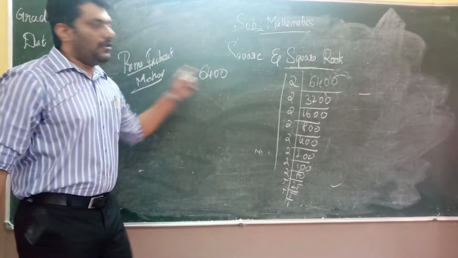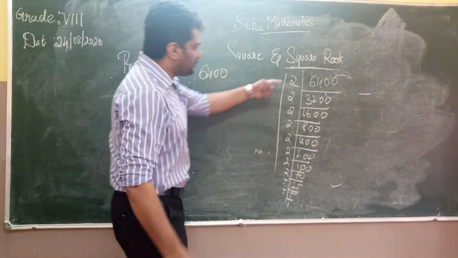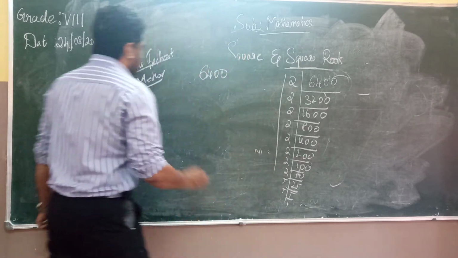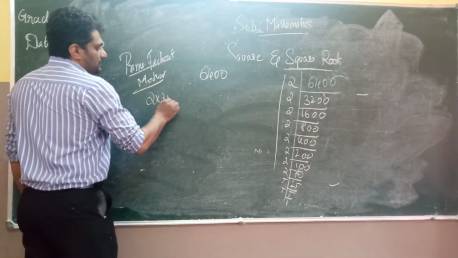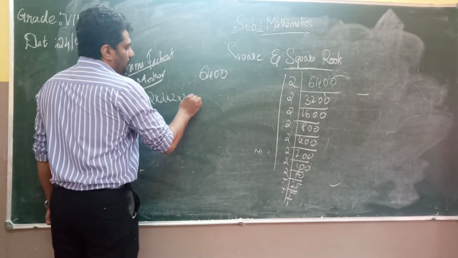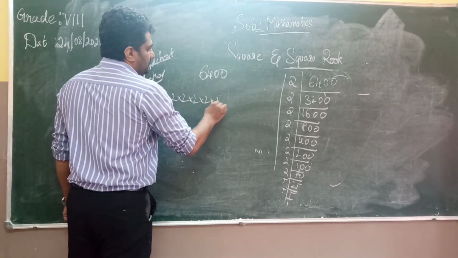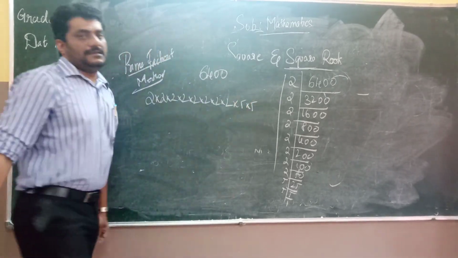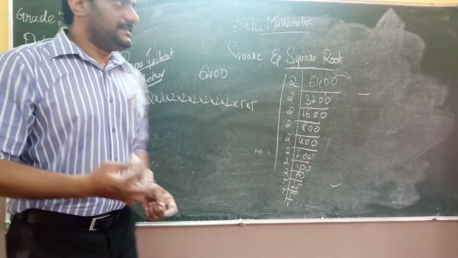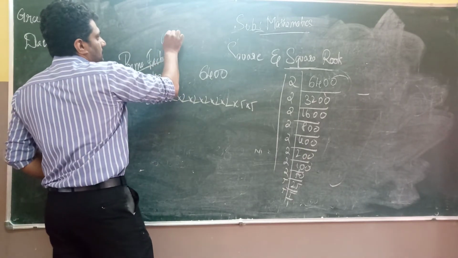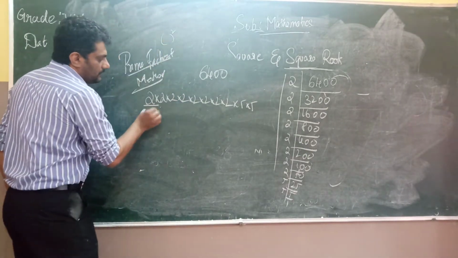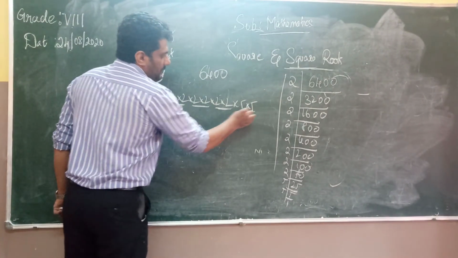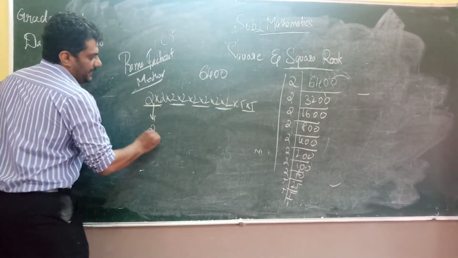Write these numbers in order. How many twos do we have? 1, 2, 3, 4, 5, 6, 7, 8 twos, and 2 fives. That is 2 to the power 8 into 5 into 5. Now we are finding a square root, so group it in pairs, and from each pair take one number.